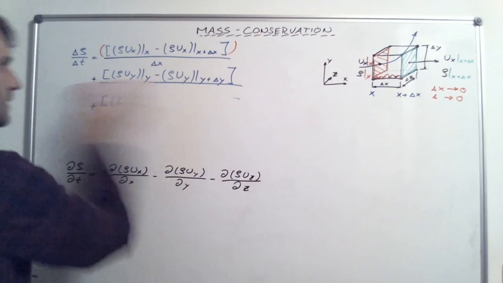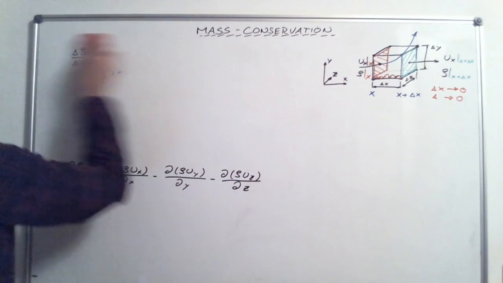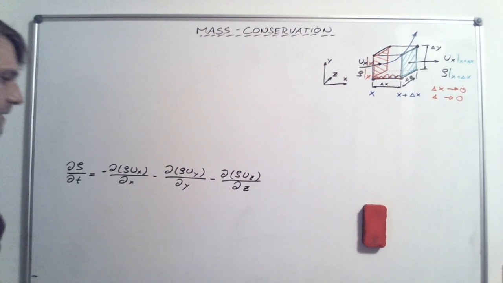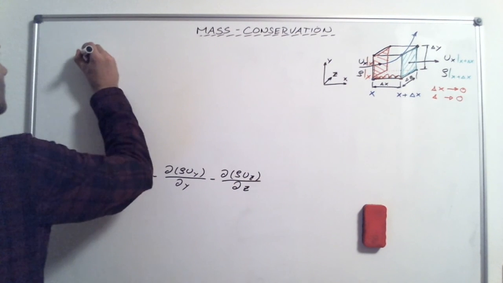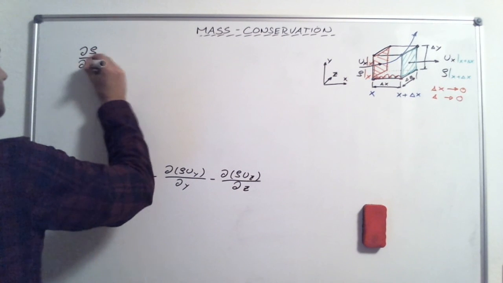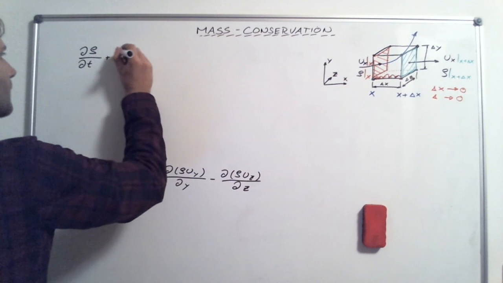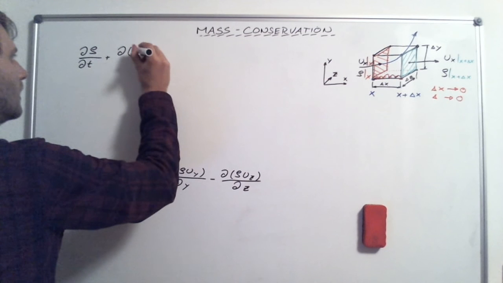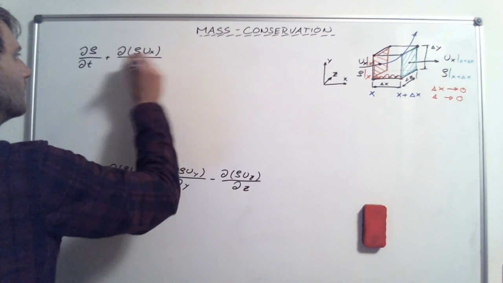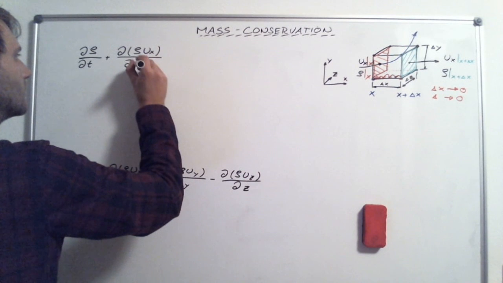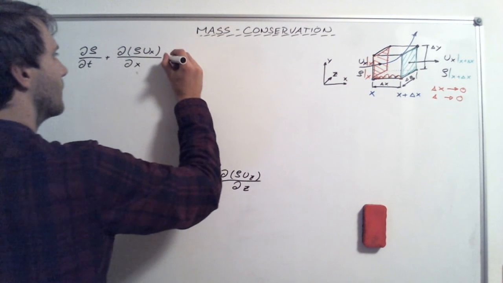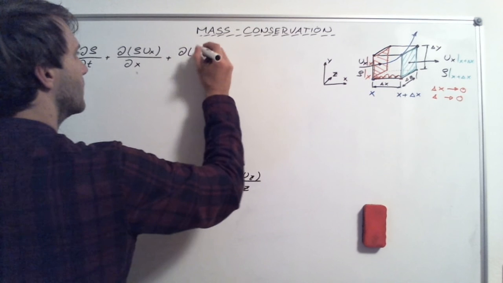To make things clearer, I just push the right hand side to the left hand side, and we end up with exactly the same. But now this equation you really can find in most literature, and you will find this equation in all literature about fluid dynamics.